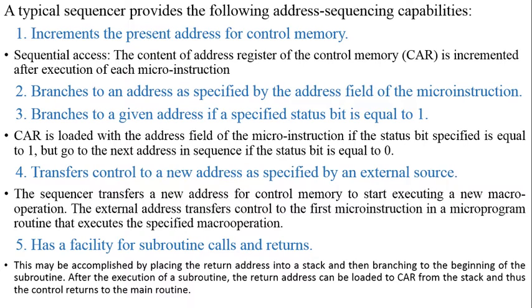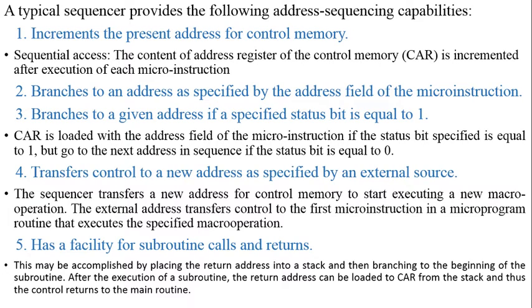Okay, we have already learned about subroutine calling in our first module itself, so just revise the topic. So this sequencing also supports subroutine calling and return. Subroutine calling means we have a caller program. The caller program can call some subroutine. The subroutine is for performing a certain particular task.